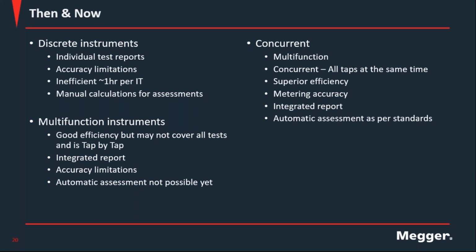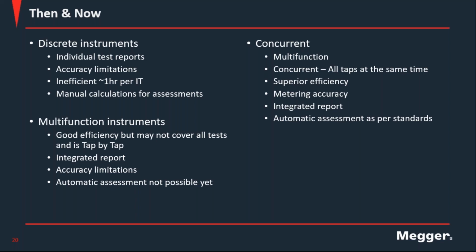With the concurrent, you have everything there. You have multifunction, you have all the tabs at the same time. Of course, this streamlines your efficiency. You can test CTs in less than 10 minutes. Once you connect to them, you get the required accuracy. And you can test not with one single instrument, you can test different types of instrument transformers.